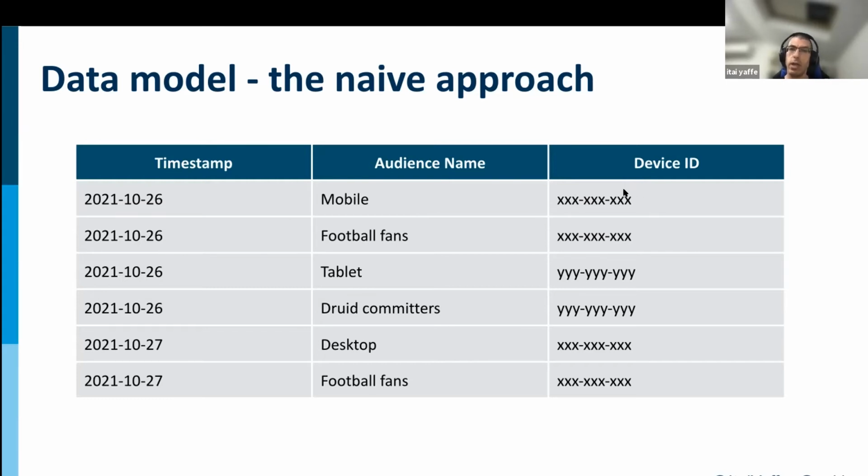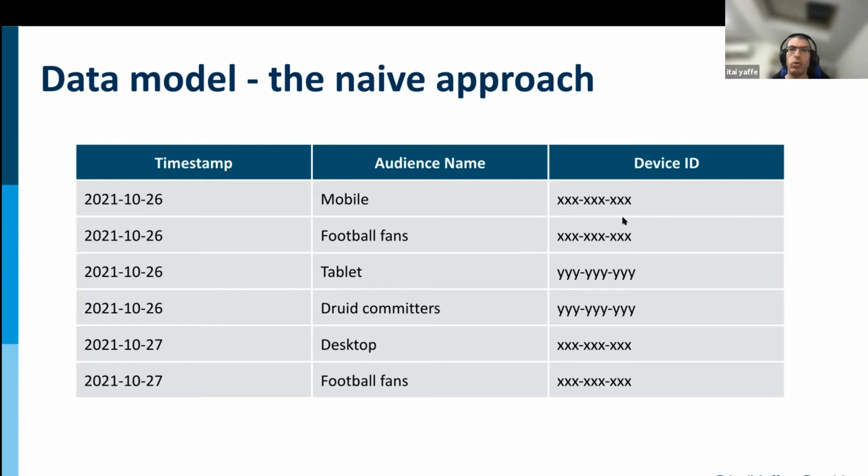Now, I called it a naive approach because if we need to count the number of distinct devices we have for a given criteria, for example, how many tablets were used in a given day, then we kind of have to do not a really full table scan, but an inefficient query that will take a lot of time and resources to complete.